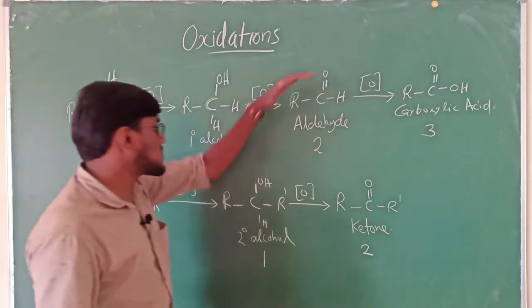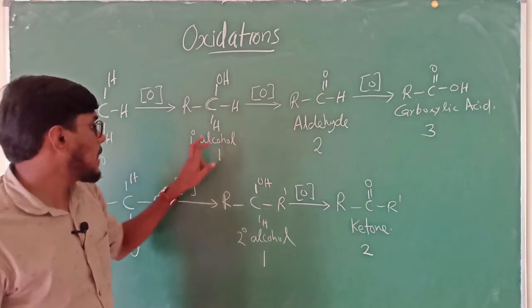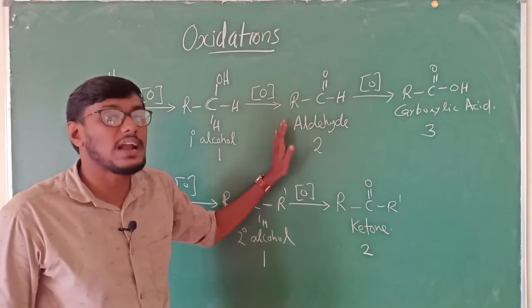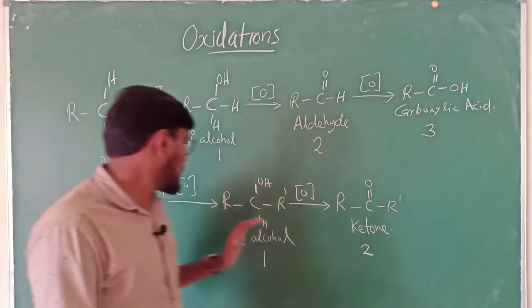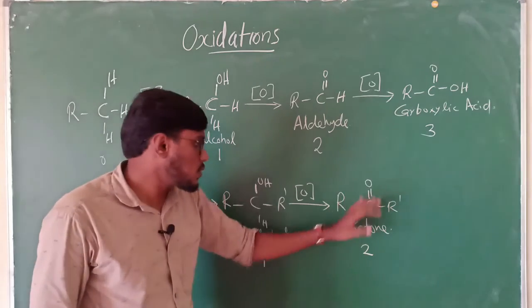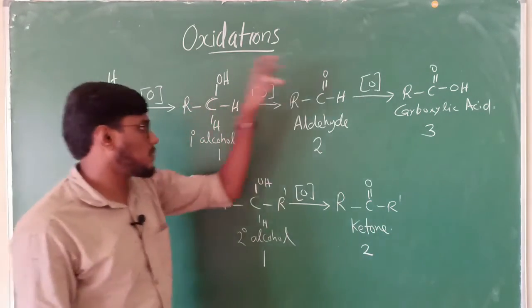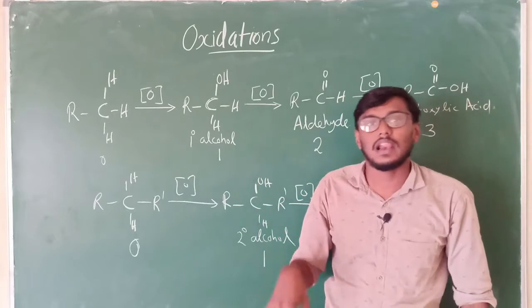So this is the general oxidation reaction of alcohol, where a primary alcohol gives first an aldehyde, the aldehyde on further oxidation gives a carboxylic acid, and a secondary alcohol gives a ketone as the product. So this is the general reaction of oxidation of an alcohol.